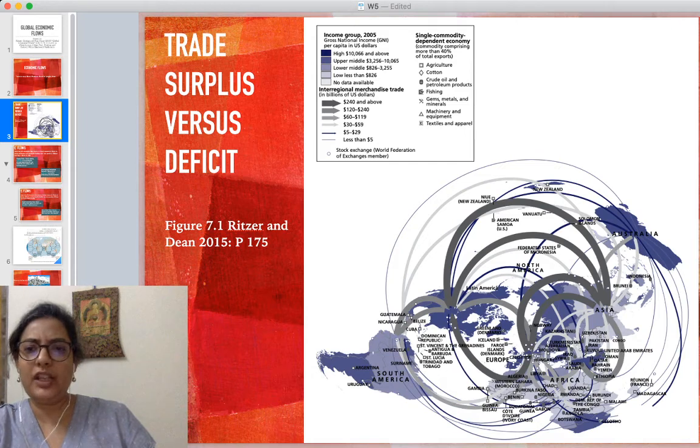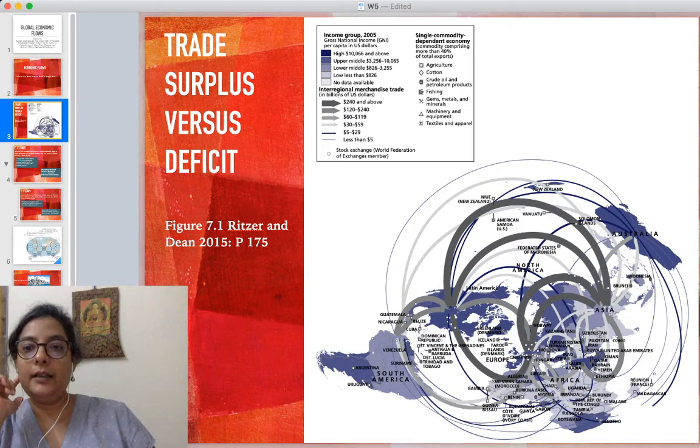They're all different shades of blue and gray. The key for the map is that the darker the shade of the country, the higher their per capita income. Per capita income means the income of the average person in that particular country.